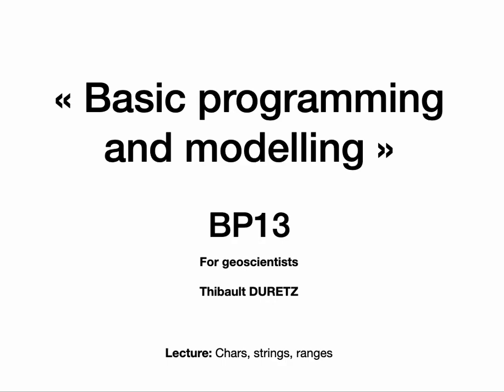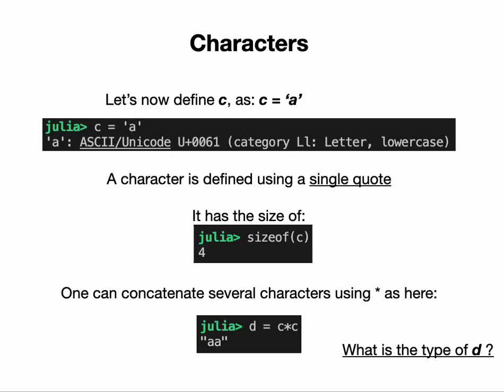Hello everyone! In this lecture, we will discuss characters, strings, and ranges. First, I want to show you the difference between characters and strings, because there is a very important distinction.